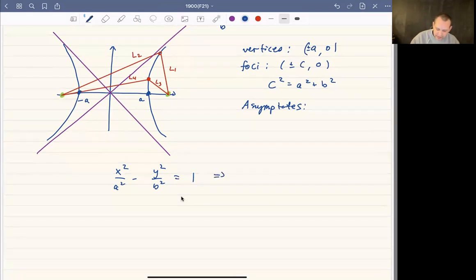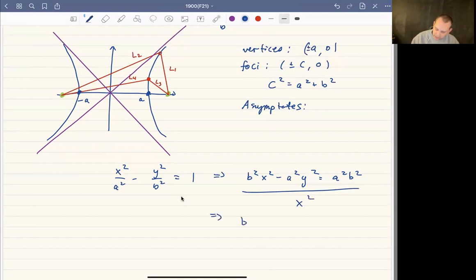Okay, so we're going to get b squared x squared minus a squared y squared equals a squared b squared. So it's fine. Let's divide both sides by x squared. So we're going to end up with b squared minus a squared y over x squared equals a squared b squared over x squared.